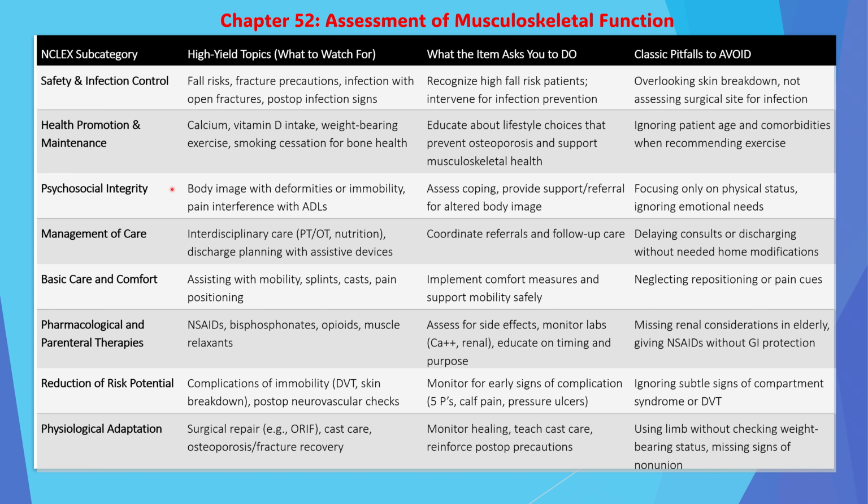So make sure with deformities or immobility, pain interference with ADLs. What the item asks you to do: assess coping mechanisms, provide support referral for altered body image. Classic pitfall: focusing only on physical status and ignoring the emotional needs is very important.